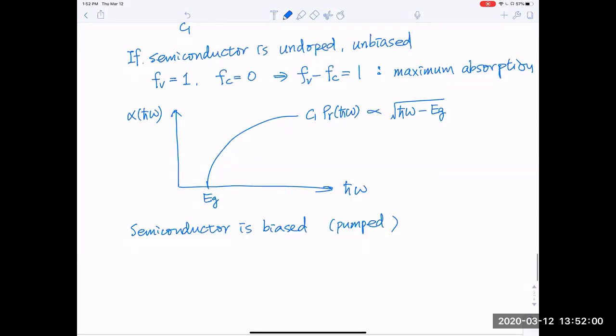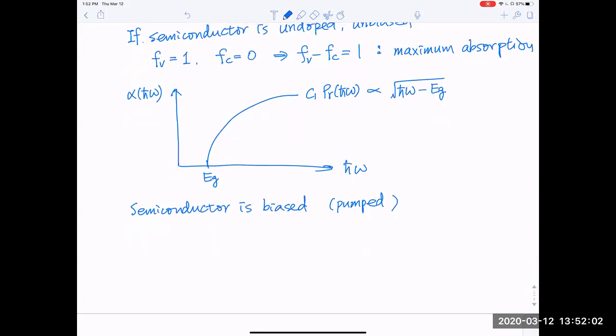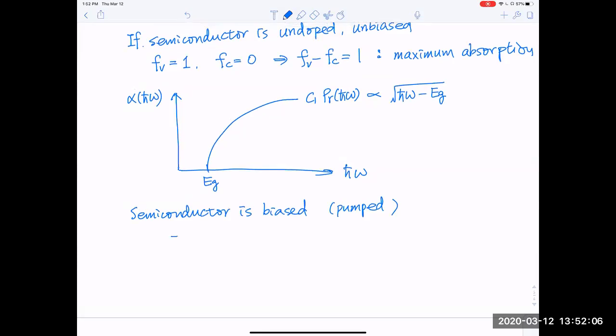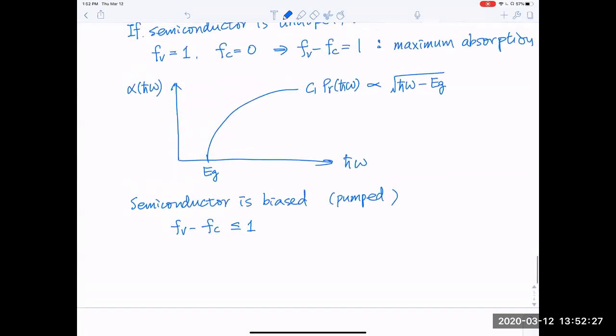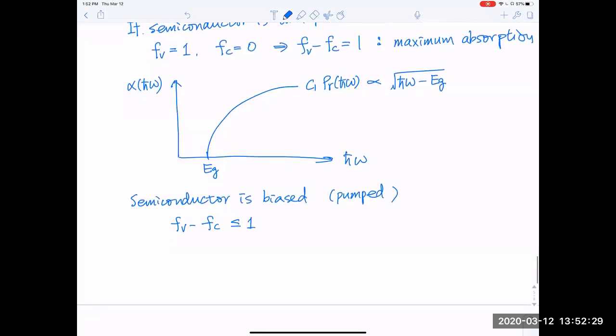Then Fc minus Fv is usually less than 1. Fv minus Fc is less than or equal to 1. So you'll get somewhat reduced density of states. Okay, what is Fv minus Fc? This requires a little bit more discussion.